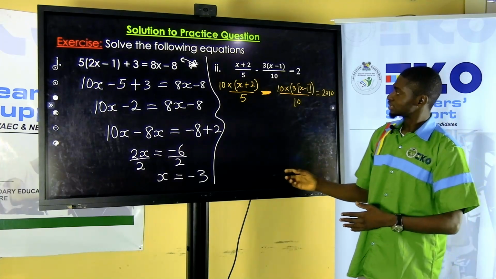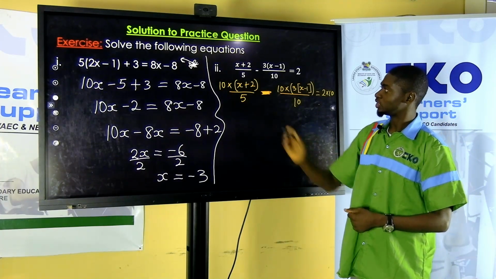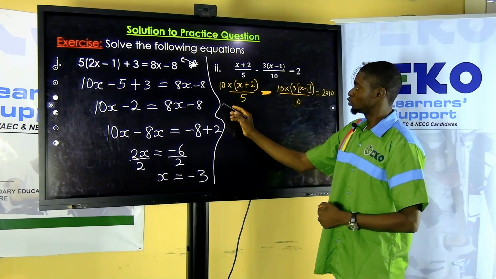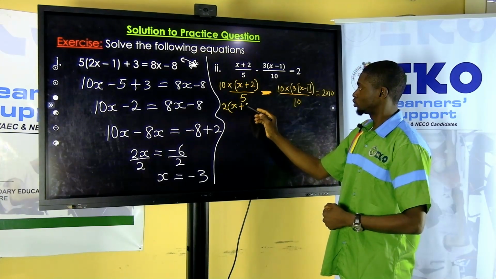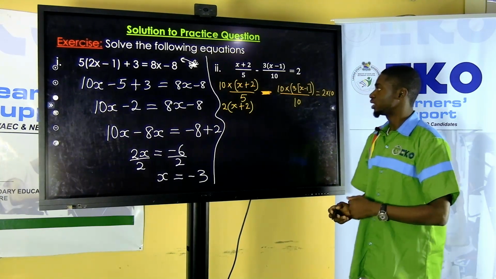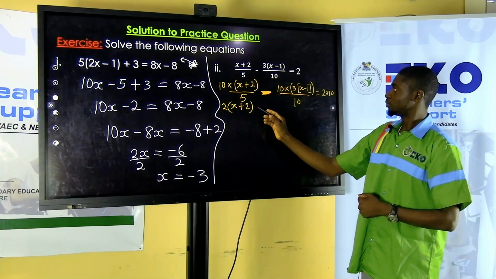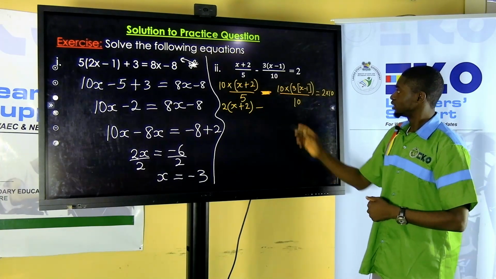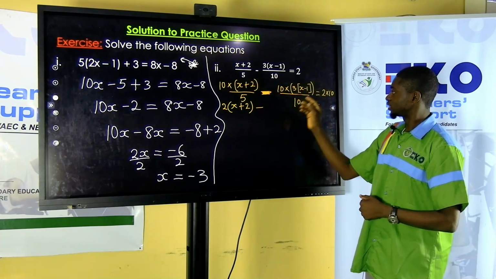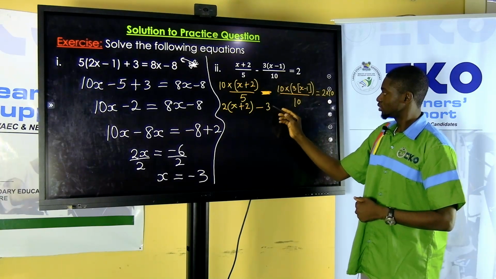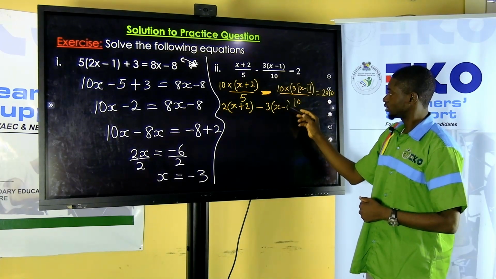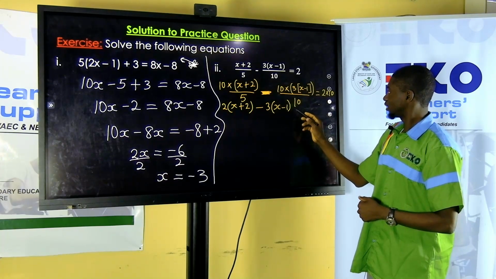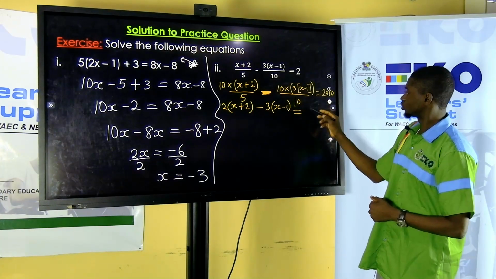So to make it fast, 5 goes here 1, 5 goes here 2. We have 2x plus 2, no more denominator here because it's going to be 1, minus 10 goes here 1, 10 goes here 1. So we still have 3, open bracket, x minus 1, close bracket, which is going to be equals to 20.